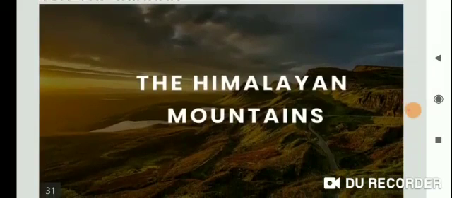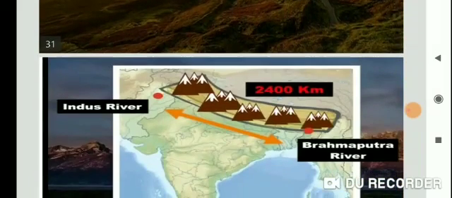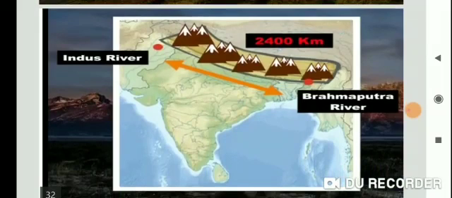Now, firstly, let's discuss the Himalayan mountains. See in this map, the Himalayas are geologically young and structurally fold mountains, and they stretch over the northern borders of India.